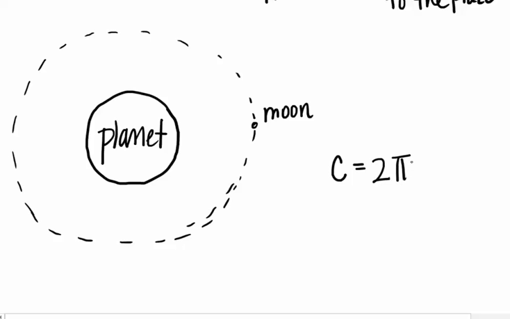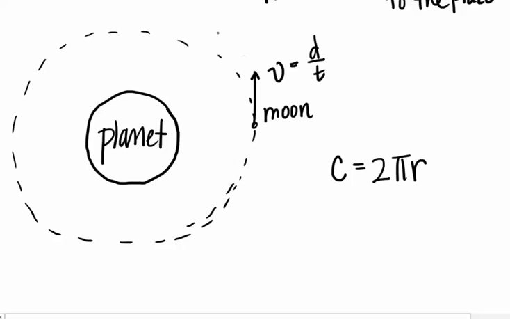2 pi r? Okay. And so the moon is moving, and remember circular motion? V. So what's the definition of speed or velocity? Okay, and so that's the units, meters per second. So what did you have to divide by what to get meters per second? Distance over time.